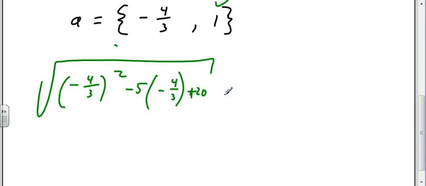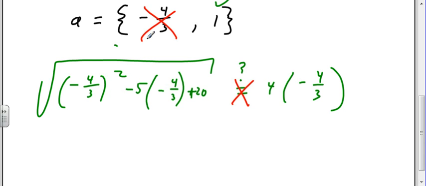Thought I did something wrong. Is supposed to equal 4 times minus 4 over 3. Now, we know it can't be. The square root guy is always going to have to give me a positive number. This is a negative number, so this can't be equal. That can't be a solution.